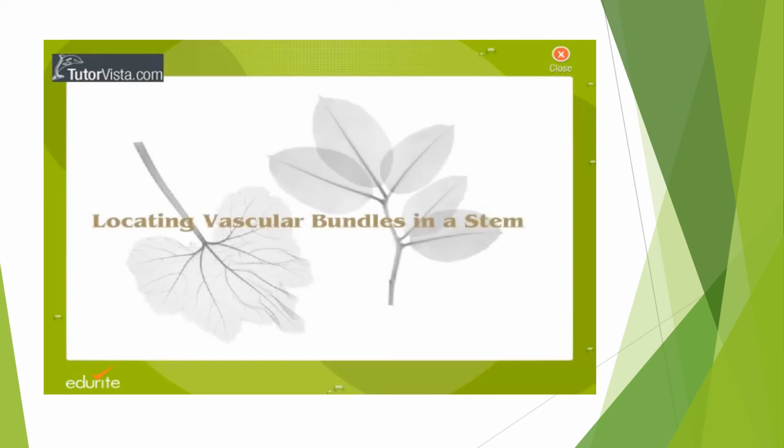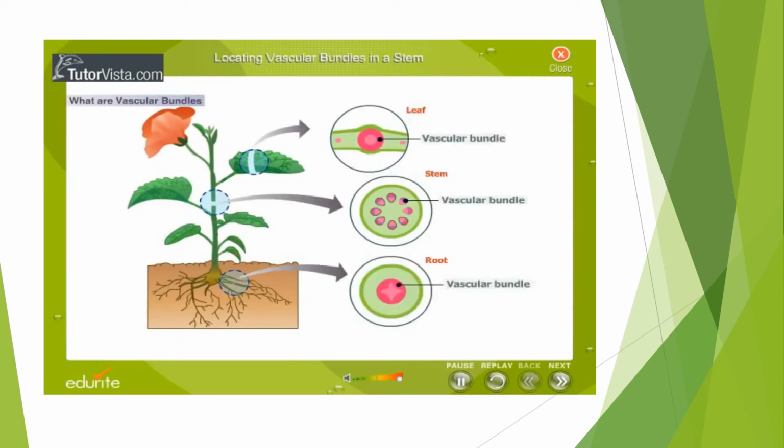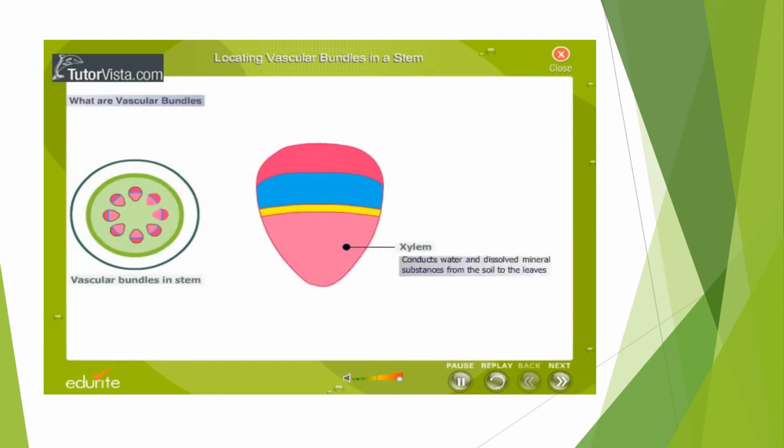Locating vascular bundles in a stem. Vascular bundles are strands of conducting tissue extending lengthwise through the stems and roots of plants. The vascular bundle consists of xylem, which conducts water and dissolved mineral substances from the soil to the leaves, and phloem, which conducts dissolved foods, especially sugars, from the leaves to the storage tissues of the stem and root.